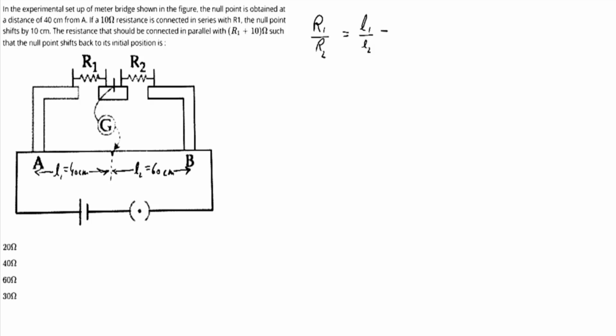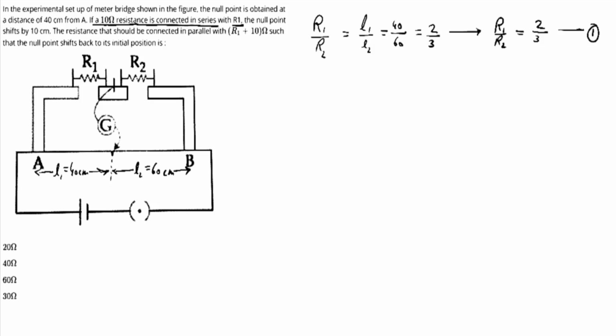Now we have 40 upon 60, which can be written as 2 by 3. This is the first condition we have. R1 upon R2 is equal to 2 by 3.